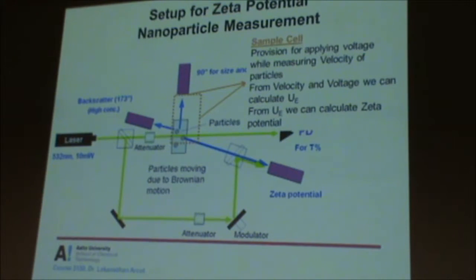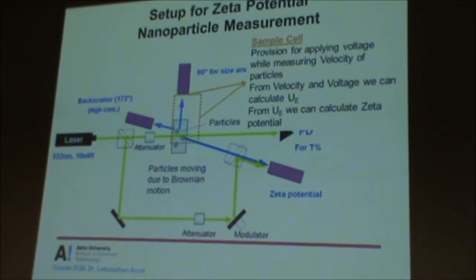Now this is the actual setup. How do we do it? It's based on scattering. Just like Raman spectroscopy, you have a source of laser, and you have your sample with particles here. The sample holder is such that it gives you the option of applying potential, and because of the potential, the mobility of the particles changes.